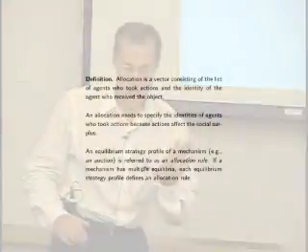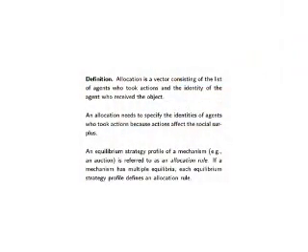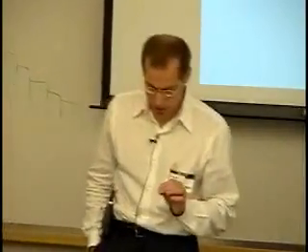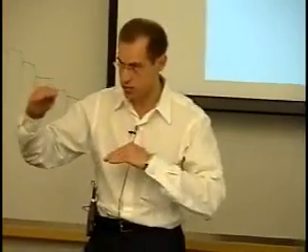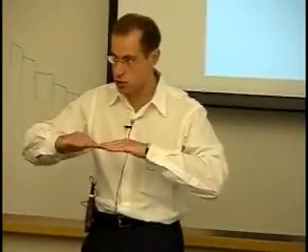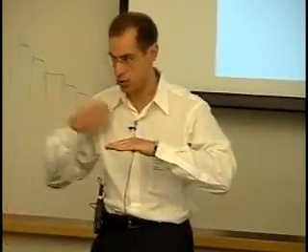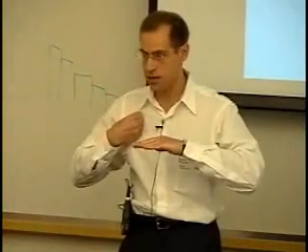So we have a definition of social surplus for now. Let's define what we mean by an allocation. An allocation is a vector consisting of the list of agents who took actions, because that's important. That's a real thing, not a transfer. Once I take an action, I have basically sunk an investment that costs C to me, and nobody else gets it.